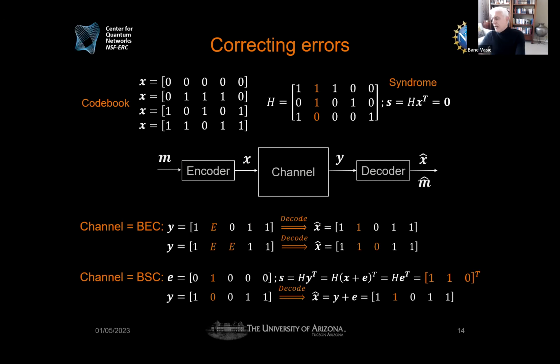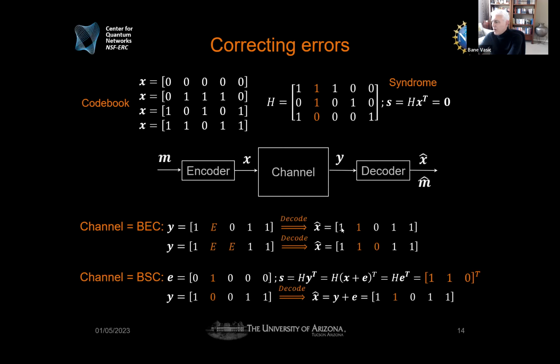This means that for every one in the received vector, this one selects a column of H, and this multiplication is really adding columns of the parity check matrix, depending on whether I have a one in the vector or not.